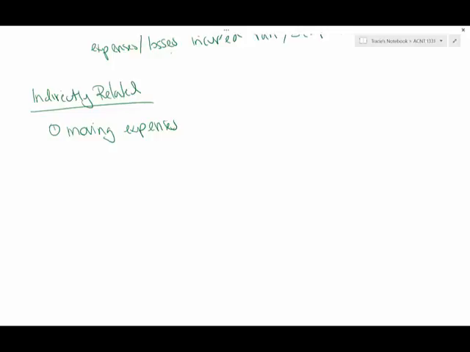In order for an individual to qualify for the moving expense deduction, they have to meet 2 tests. The first test that they have to meet is the distance test.